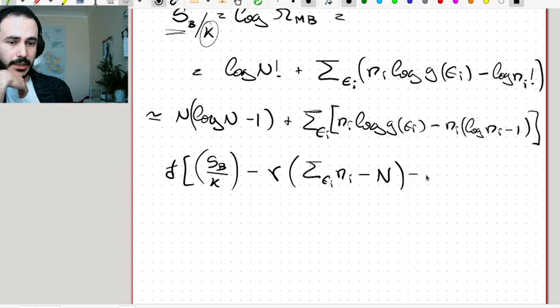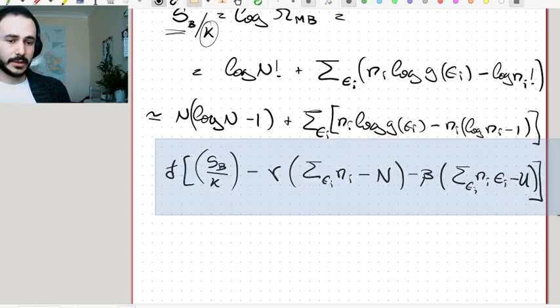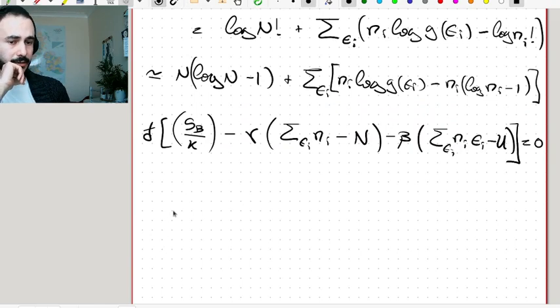And then I also have a second multiplier, which is that the energy of the system, so the number of particles in each energy level times the energy of that level, sums up to a constant internal energy U. If I take this variation, it has to be equal to 0.